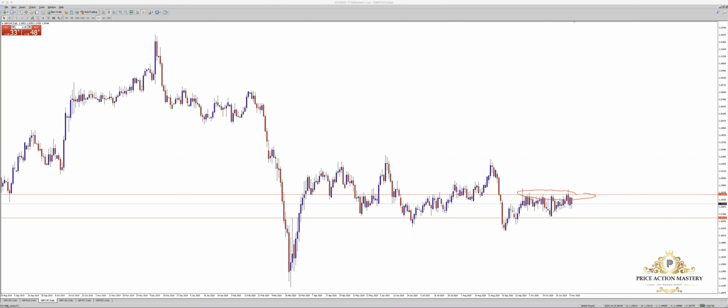But as you can see, there's a small trend line here. Buyers are actually coming in little by little, which means buyers want to go for more upside exposure.